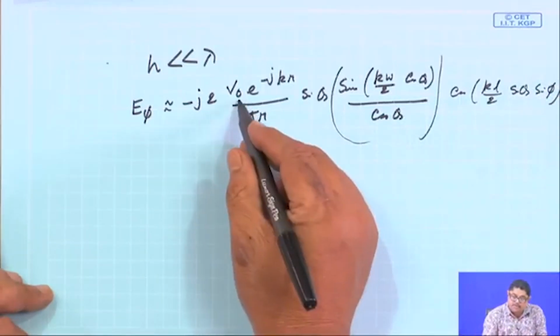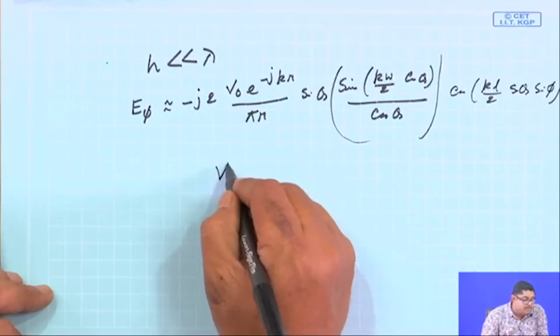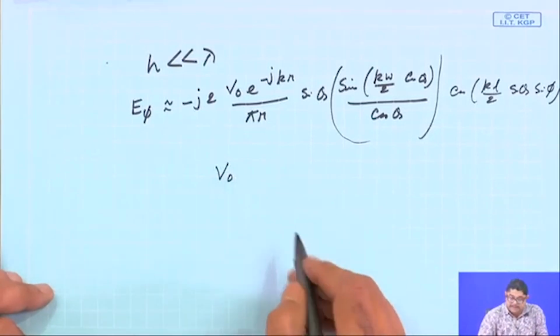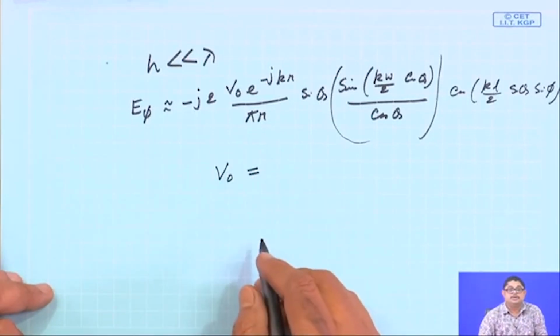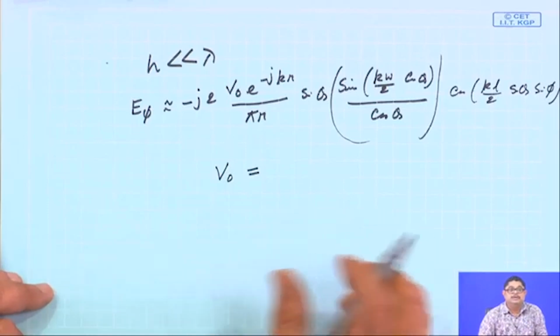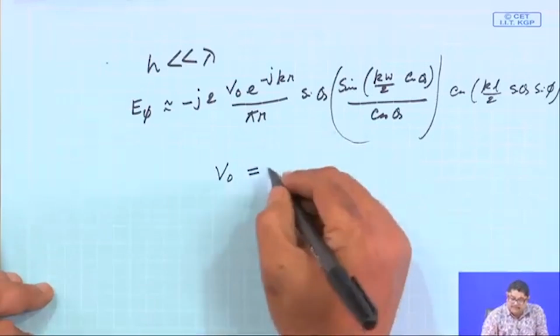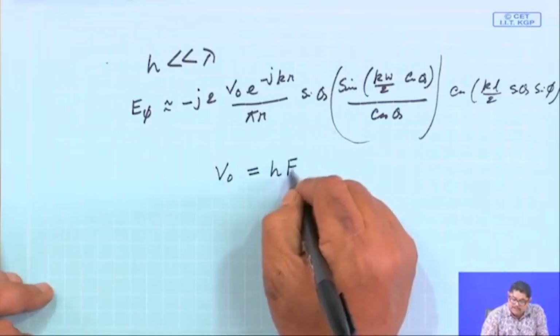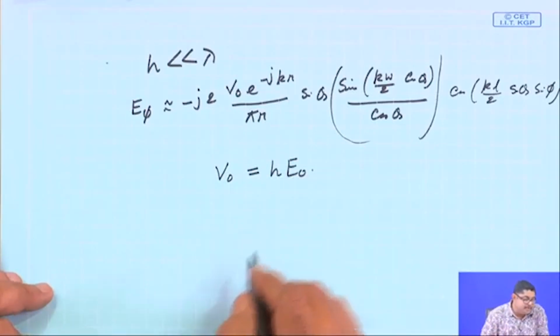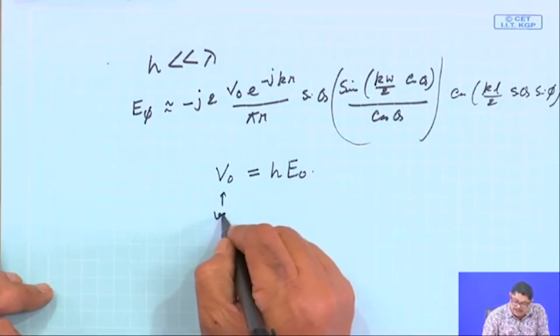Here I have introduced V naught, which is the voltage across the slot. I know the E field, which I need to multiply by the thickness, so h into E naught is V naught, the voltage across the slot.